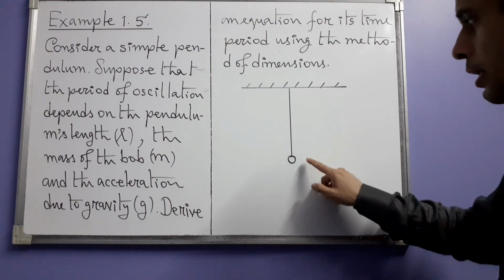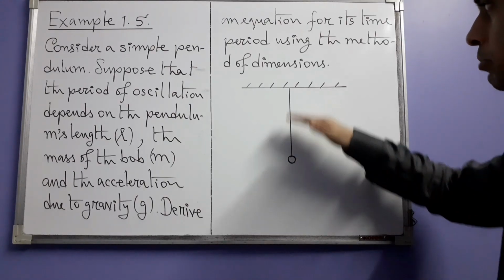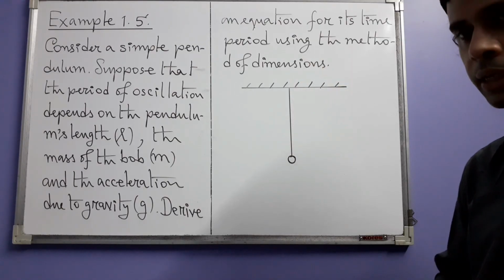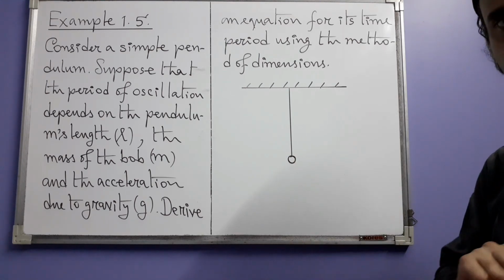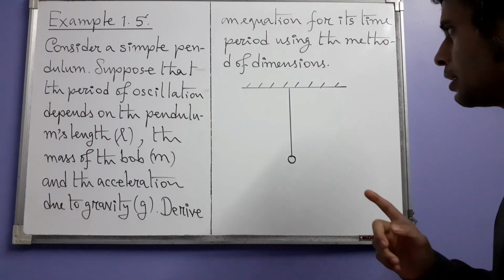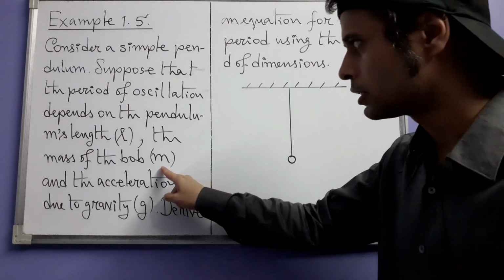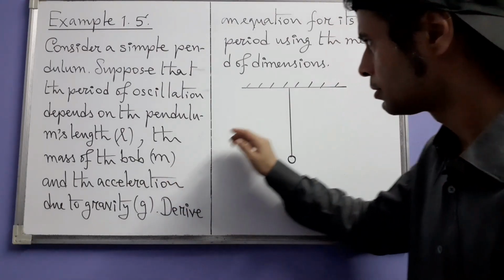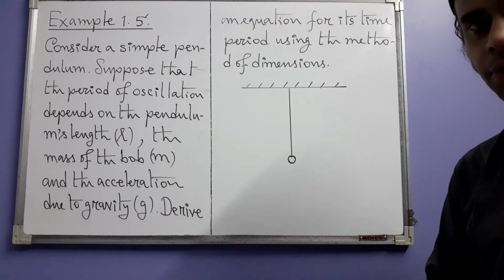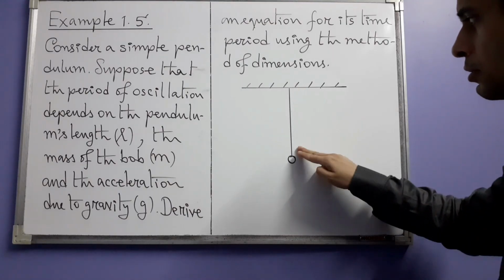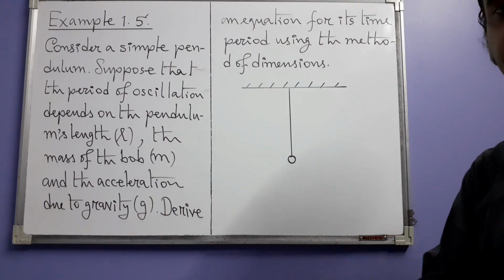The one thing is that the diameter of the bob is so small compared to the length of the string that it is being ignored. It does not really affect the ultimate result that much. And the other thing that is being ignored is that we are not talking about the mass of the string. We are only talking about the mass of the bob. That is because the string is so light compared to the bob that we can meaningfully neglect its mass.